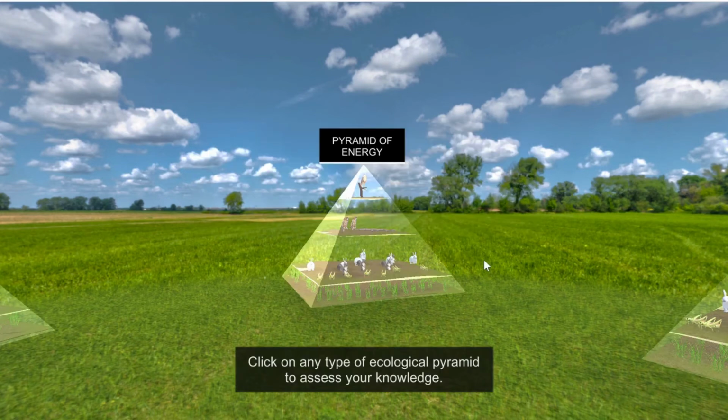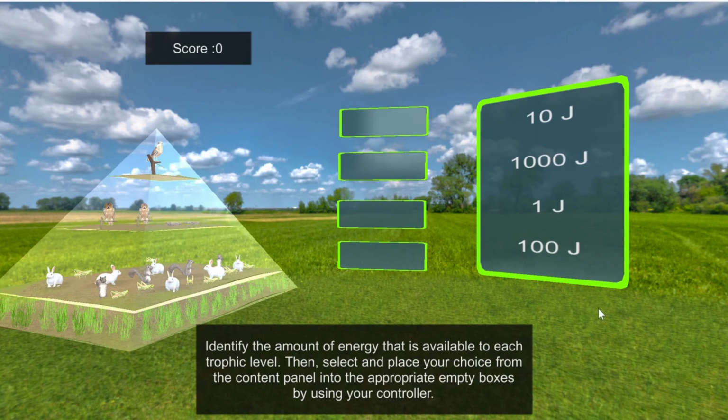Click on any type of ecological pyramid to assess your knowledge. Identify the amount of energy that is available to each trophic level. Then, select and place your choice from the content panel into the appropriate empty boxes by using your controller.